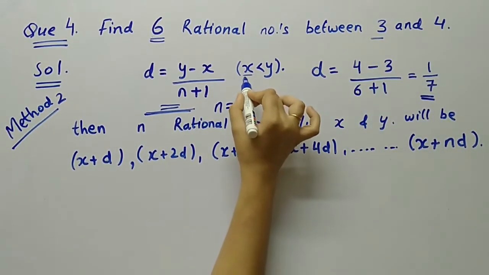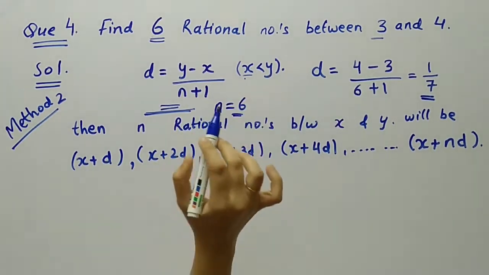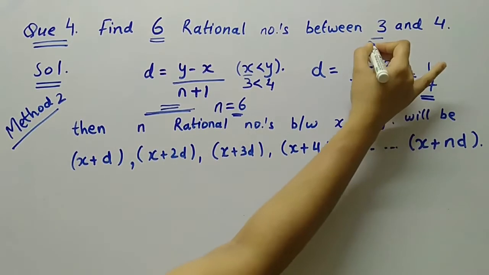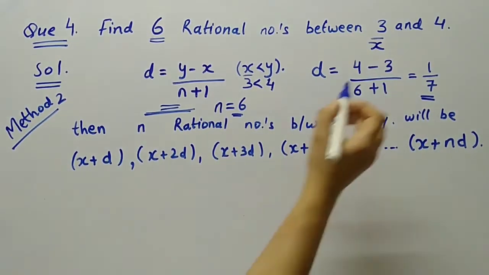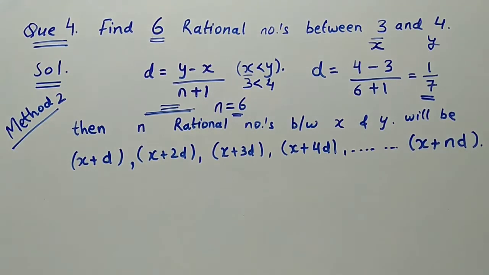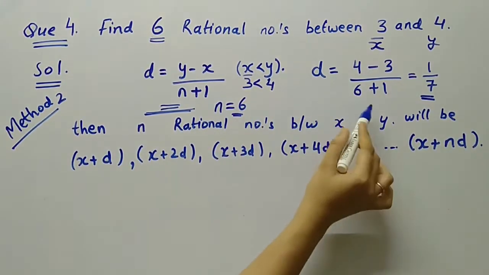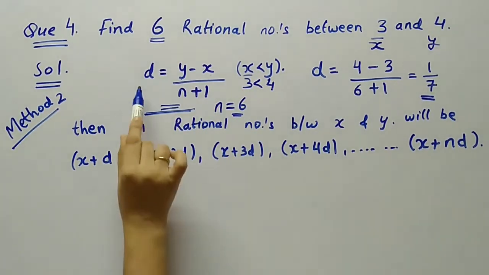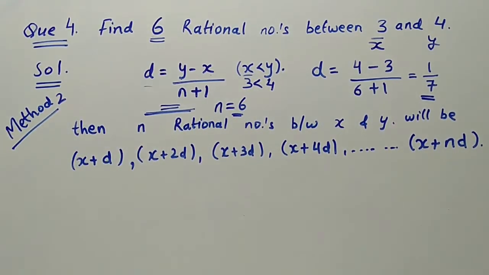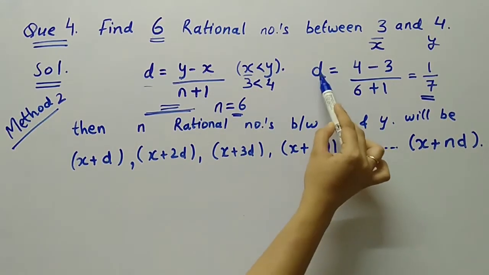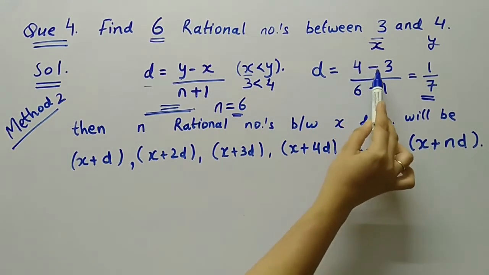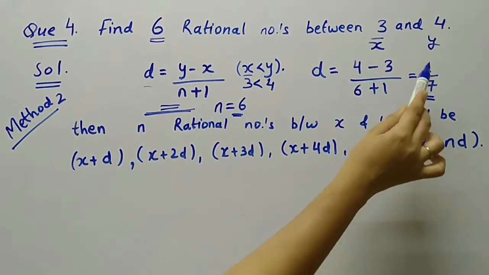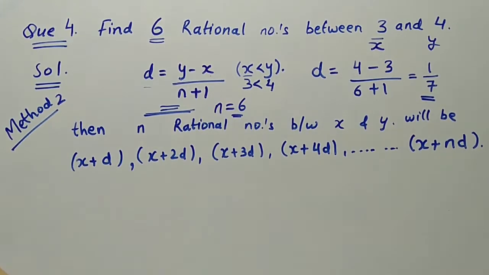Now x is less than y, and 3 is less than 4. So the value of x is 3 and the value of y is 4. Now we will substitute the values of y, x and n in the formula to find D. So D is equal to y minus x, 4 minus 3, upon n plus 1, 6 plus 1, which is equal to 1 by 7.